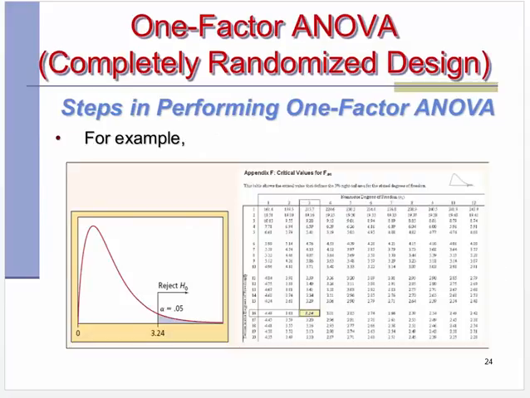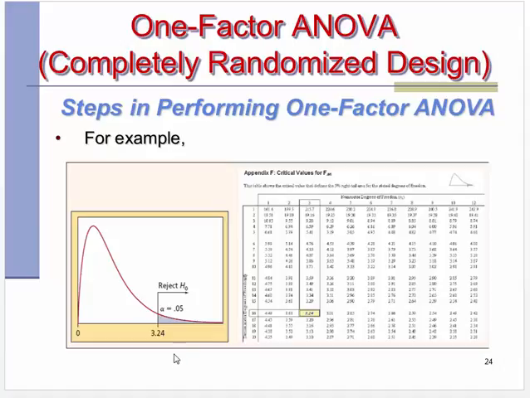This is appendix F in the back of your book, showing the critical value of F at 0.95. In this case, the degrees of freedom are 16 and 3, and the critical value is 3.24 at the 95% confidence level.